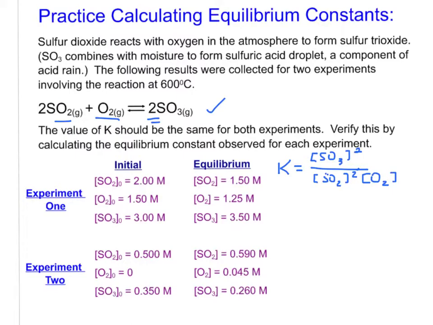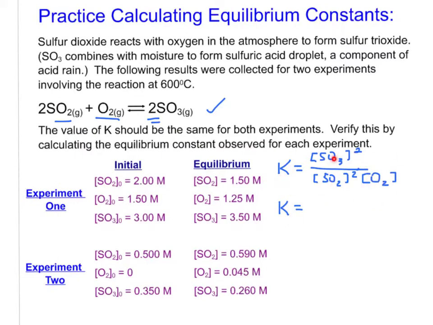So now, for experiment 1, we can simply plug values in for that. We see right here the concentration. Now, something really important to note, they're giving us initial concentrations and equilibrium concentrations. Which ones are we going to use? The equilibrium concentration. This is an equilibrium constant. We wrote an equilibrium expression.